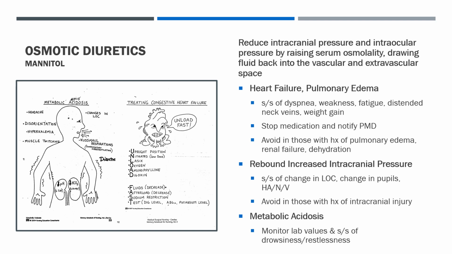And so it's fluid shifting. So if the fluid is in my dependent edematous legs, using mannitol pulls it back in, but it can be quite overwhelming for the circulatory system, especially if it's done quickly in a short period of time.